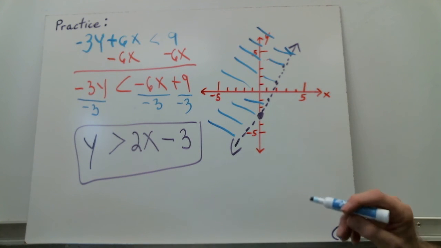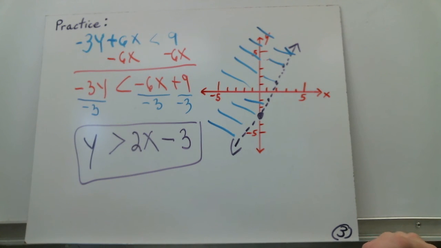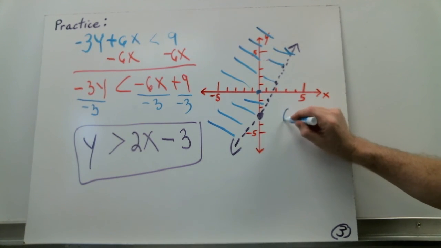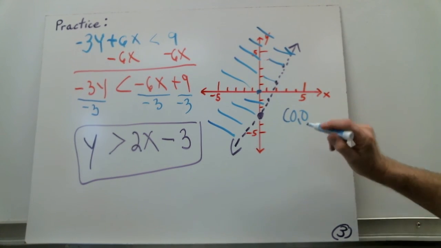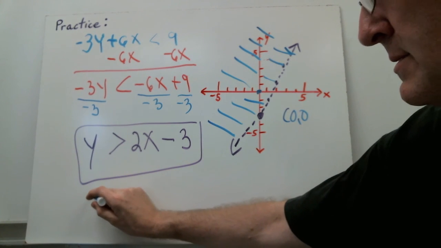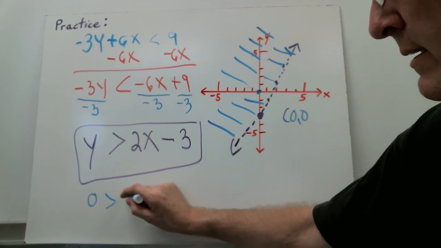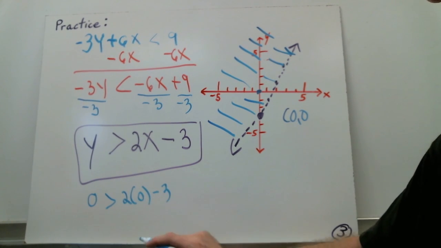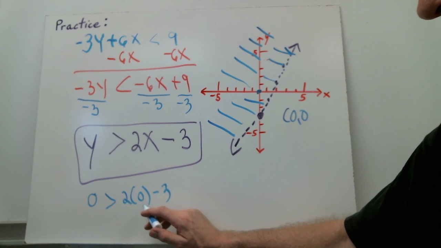Let's check it out. Let's pick a value here. We could go with 0, 0. There's an ordered pair, 0, 0. So if I substitute 0 in here, 0 is greater than 2 times 0 minus 3. 2 times 0 is 0, right?